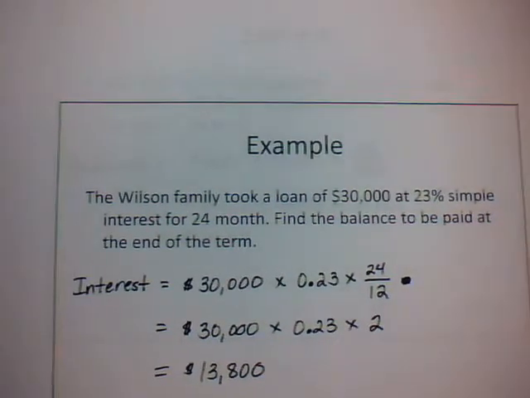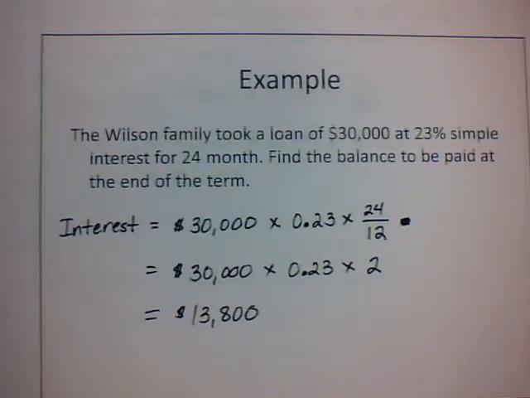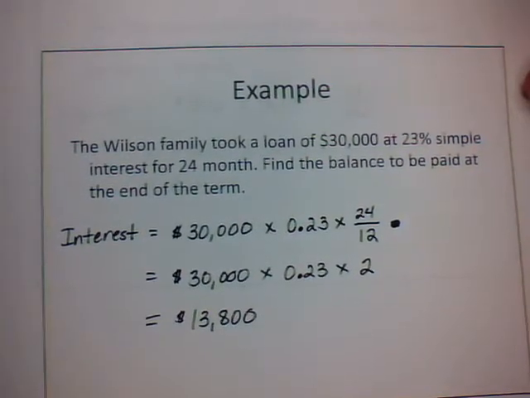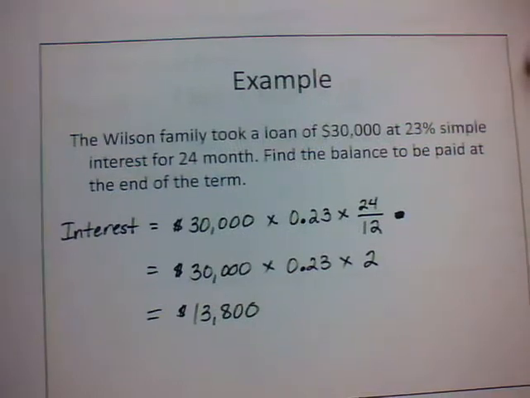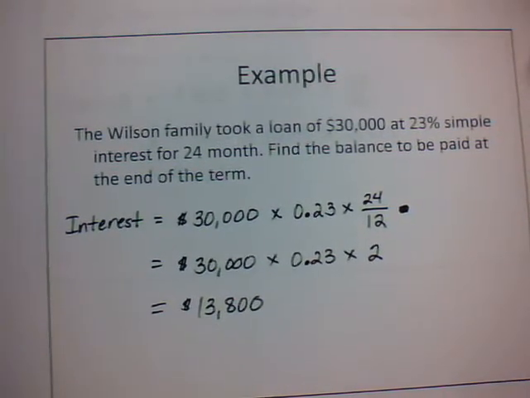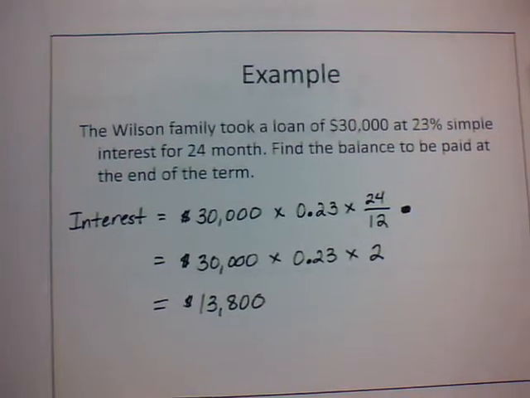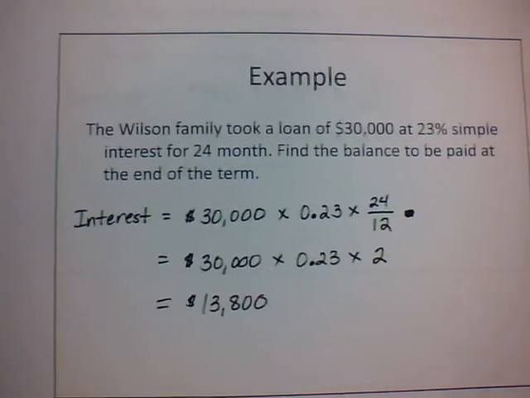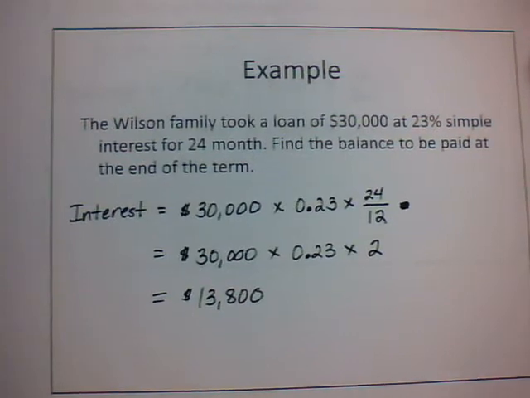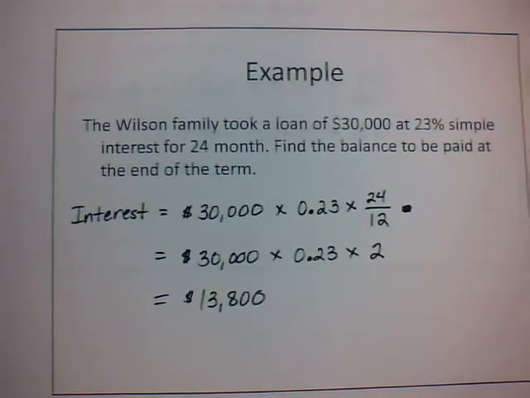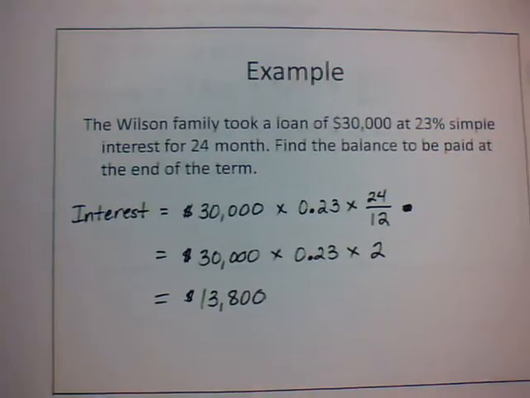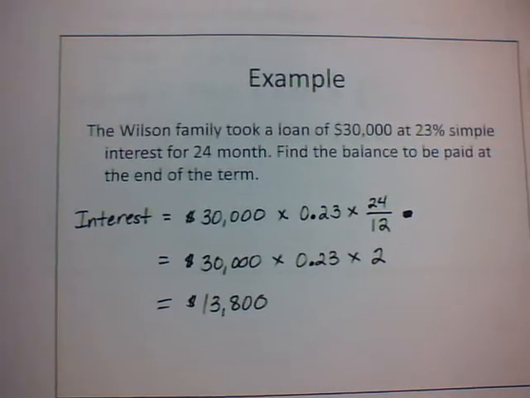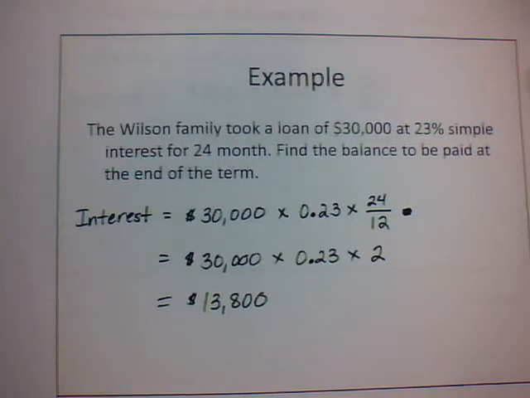All right, here's another example. Here the Wilson family took a loan of $30,000 at 23% simple interest for 24 months. And here we want to find the balance to be paid at the end of the term. Now here the time is given in months. We still use the simple interest formula I is equal to P times R times T. Now here the principal is $30,000 that would be multiplied by 23% or 0.23.